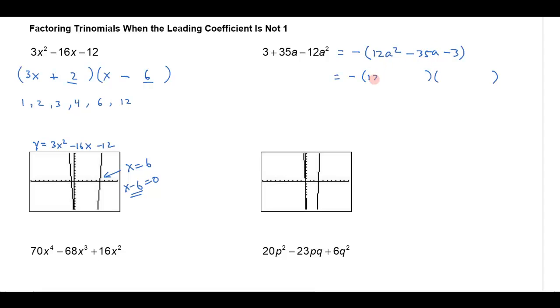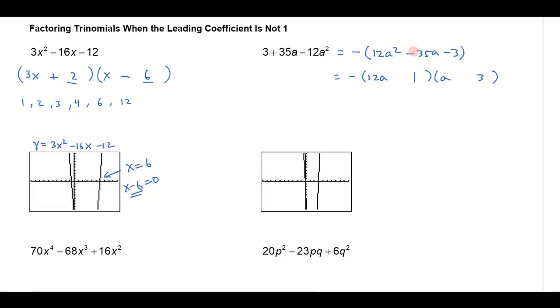So this is the one case where I'd start off with 12a and a, the outer factors that I had over here. And notice if I were to put a 3 here to combine with the 12 and a 1 here to combine with the a, 36a and 1a, if I subtract those just right, I will get negative 35.